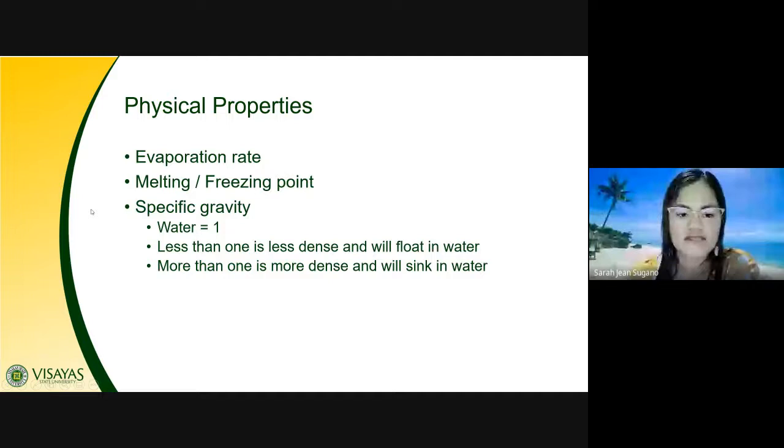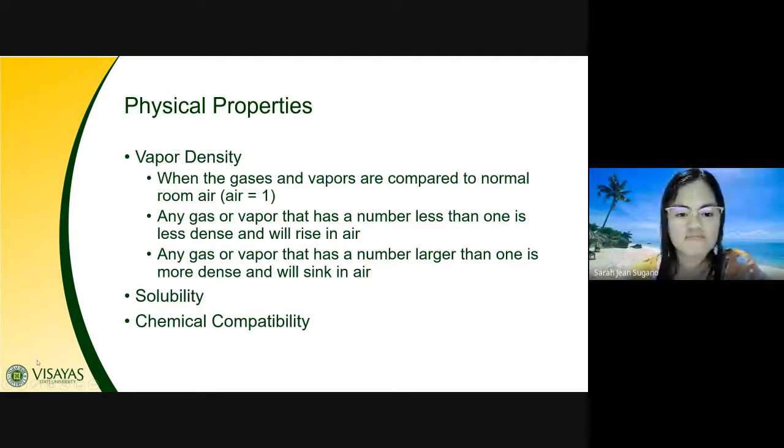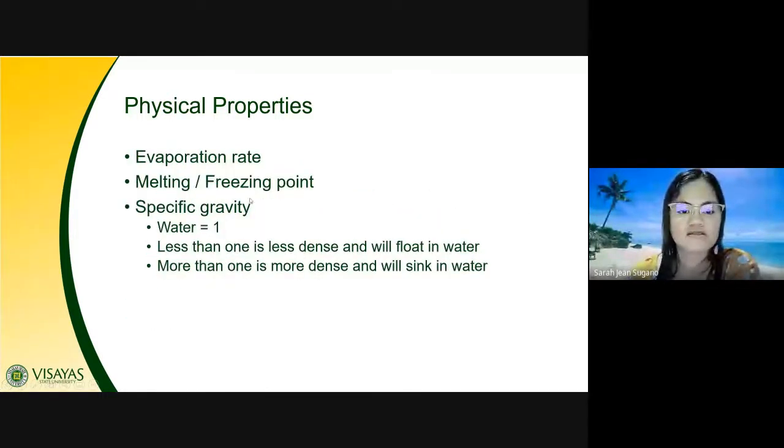Okay, so another physical property is the evaporation rate, the time that the chemicals will take to evaporate. And then we have also the melting point or the freezing point.